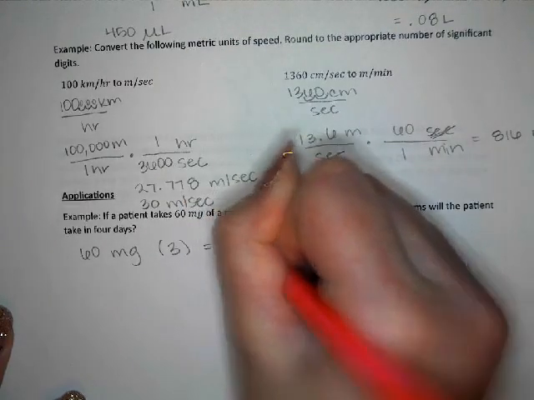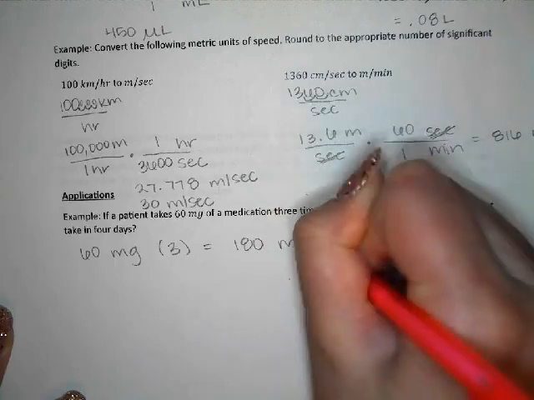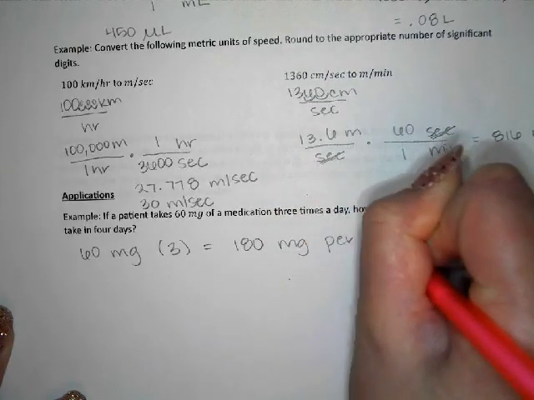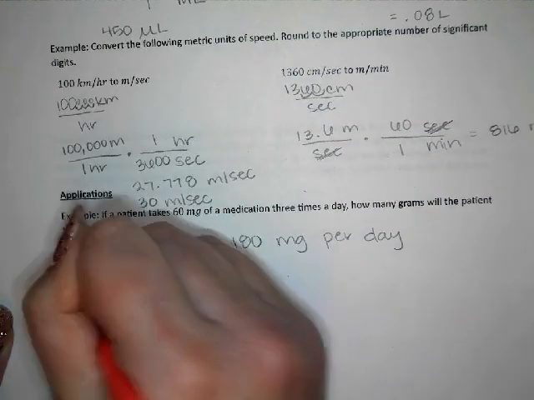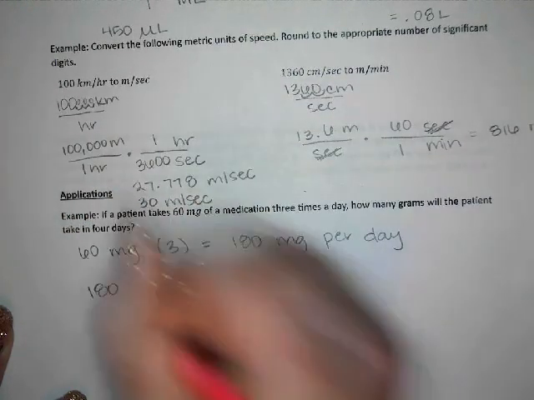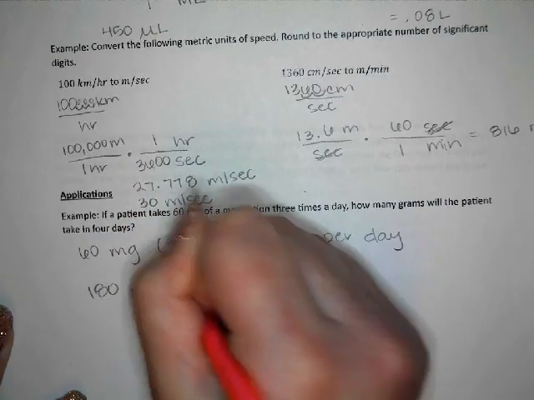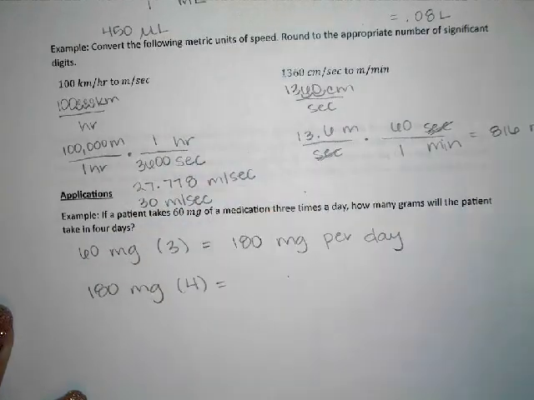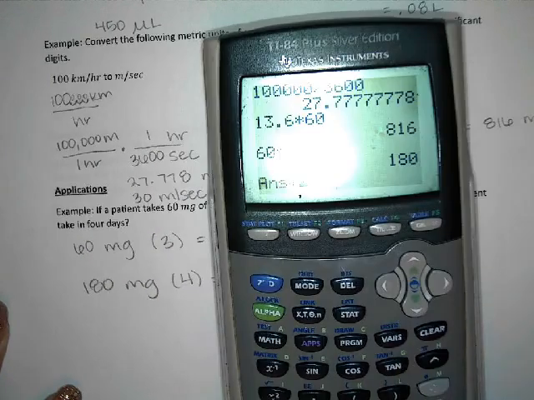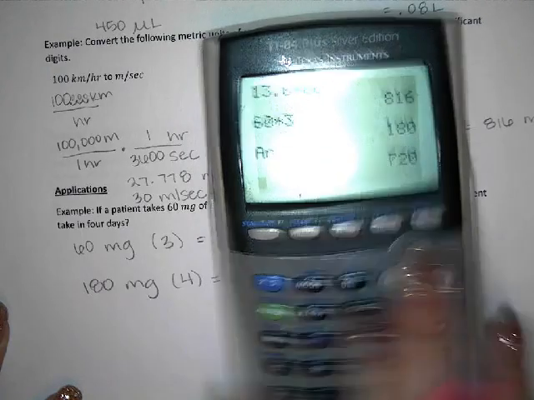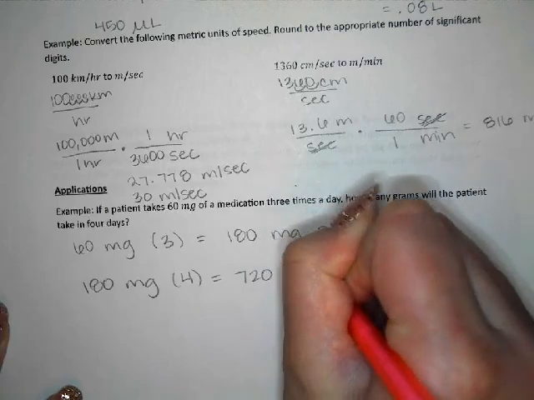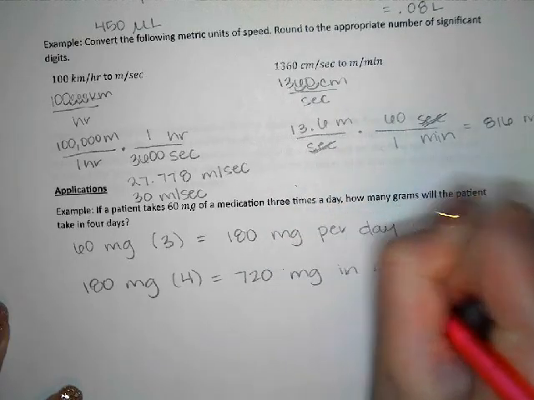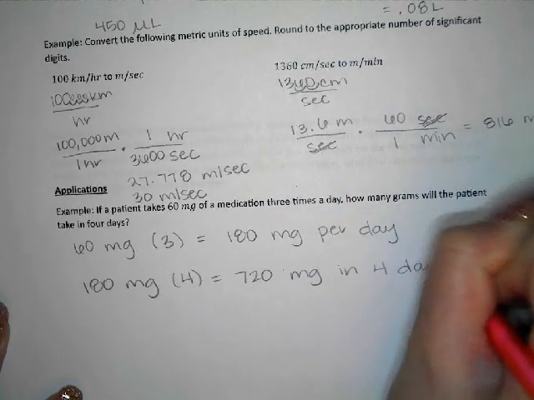And it says that they did this for 4 days. So 180 milligrams per day for 4 days. 720 milligrams in 4 days. And then the question is, how many grams did the patient have?